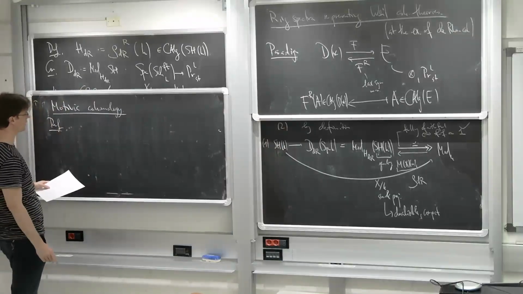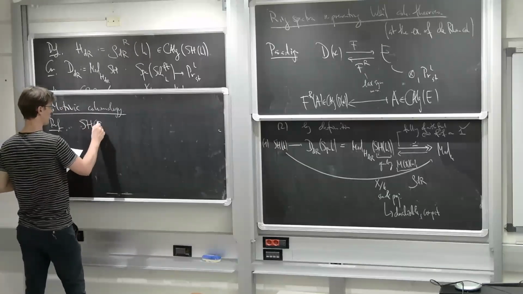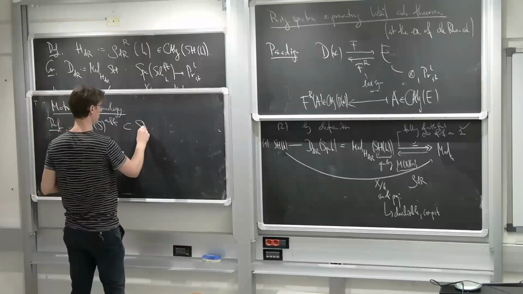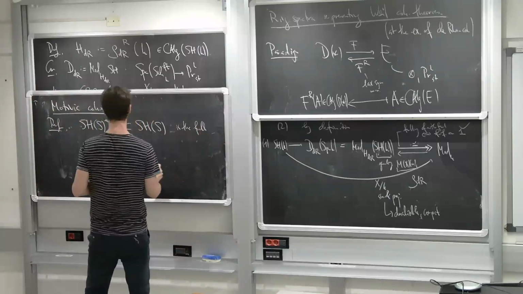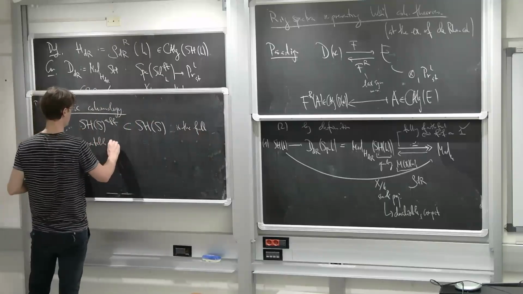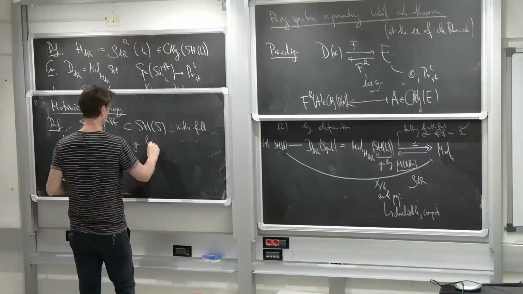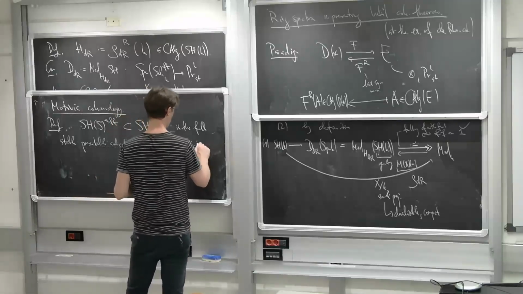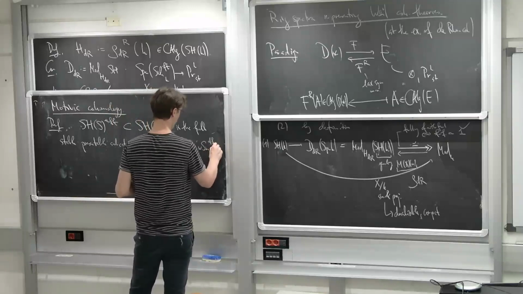To define it, I need to present a filtration of SH. We say SH effective is defined to be the full stable presentable subcategory of SH generated by the motives of X, where X is smooth, or in this pro case, we might also want weakly smooth.